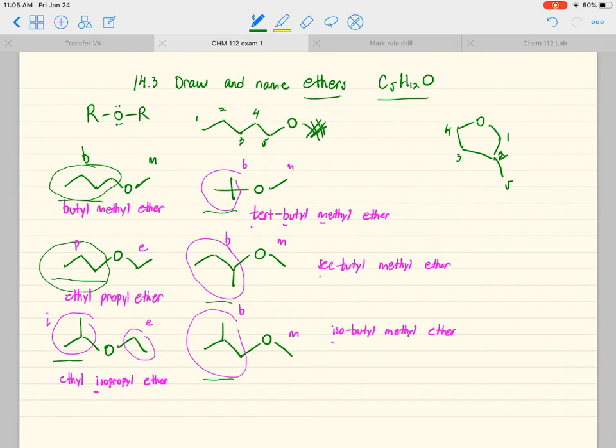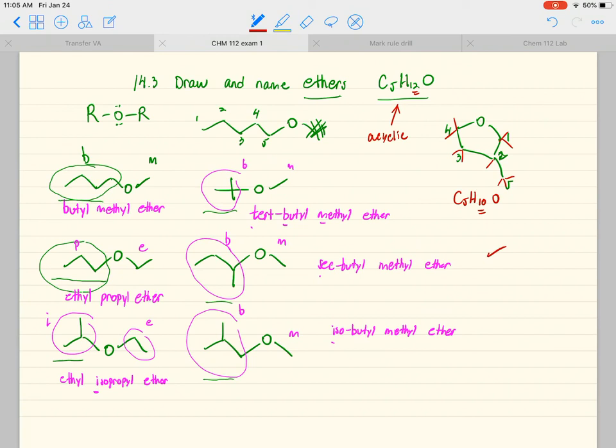But count the hydrogens carefully, and you can see that there's 2, 4, 6, 7, 8, 9, 10. So this guy right here would not satisfy the correct molecular formula. We need 12 hydrogens. So this formula here would only be satisfied by acyclic ethers.